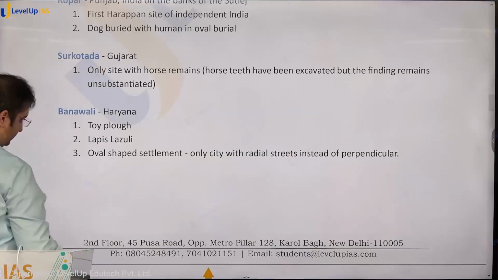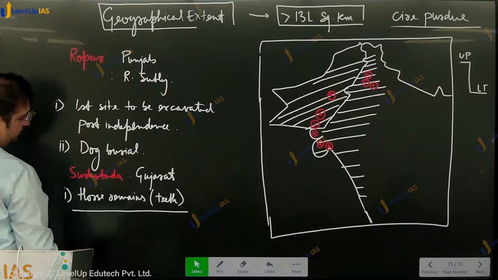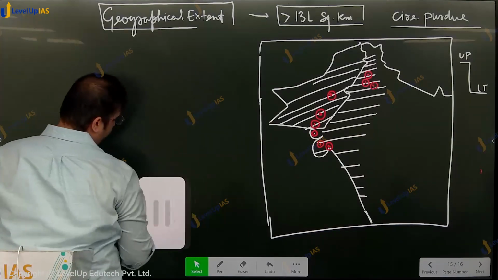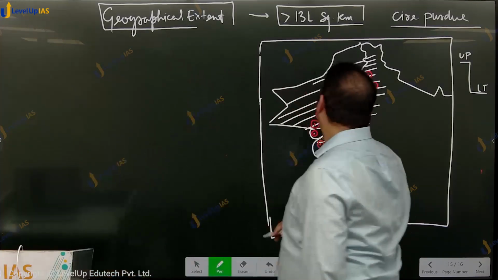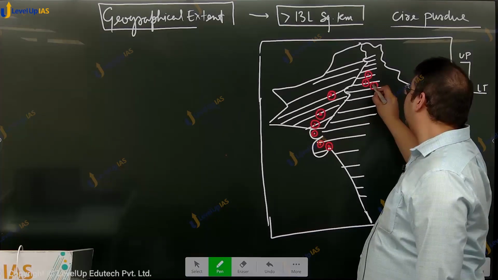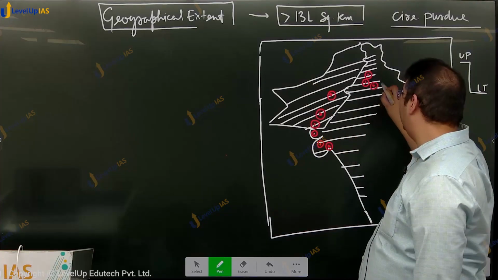देन नेक्स्ट वी हैव बनावली. कहाँ पे लोकेटेड है? वही जो राखी गढ़ी वाला एरिया ना, इट इज ऑल्सो लोकेटेड इन दी हिसार डिस्ट्रिक्ट ओनली.